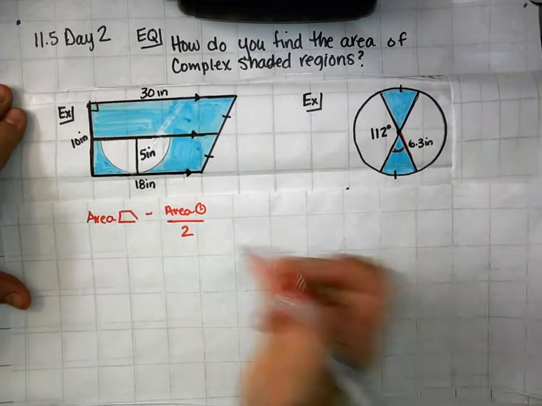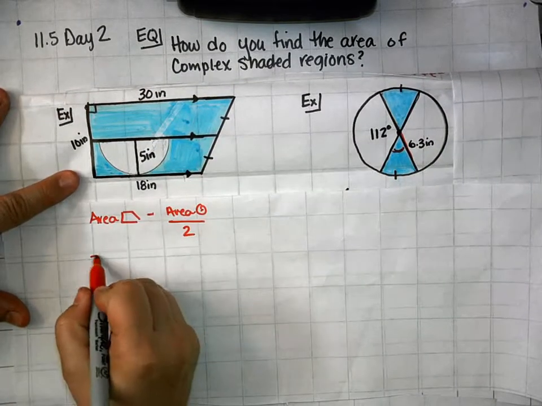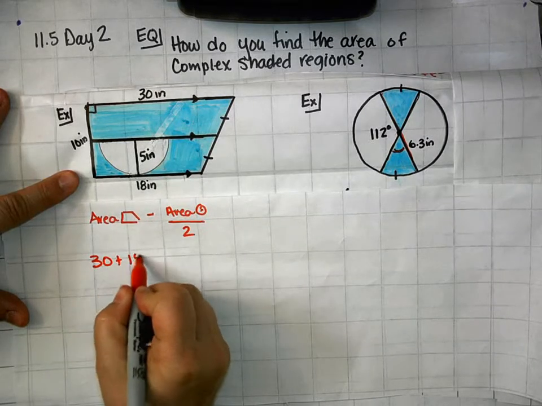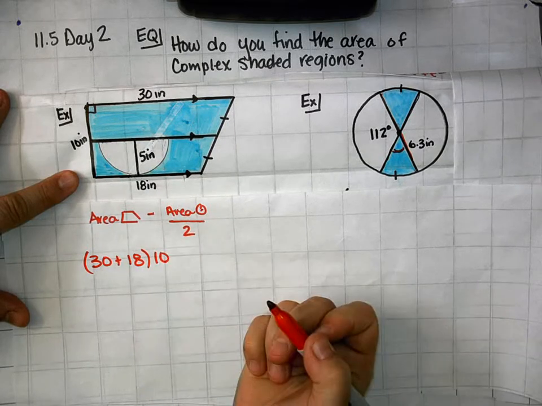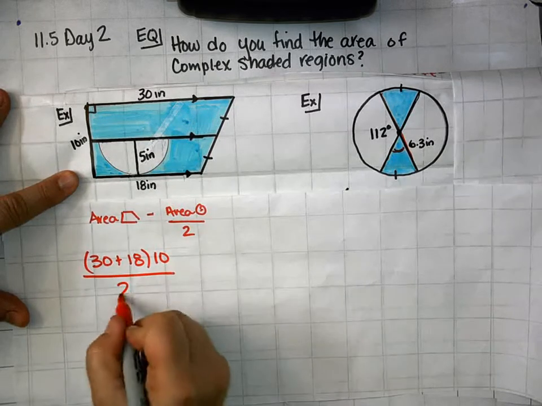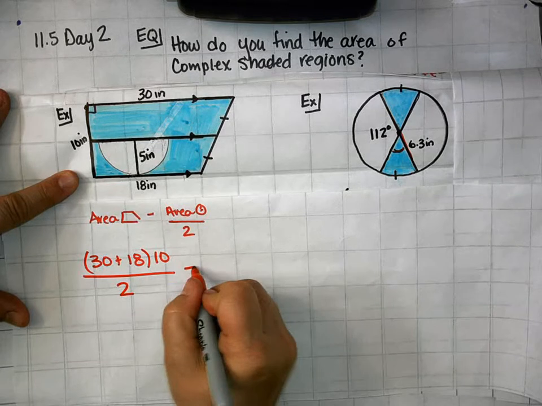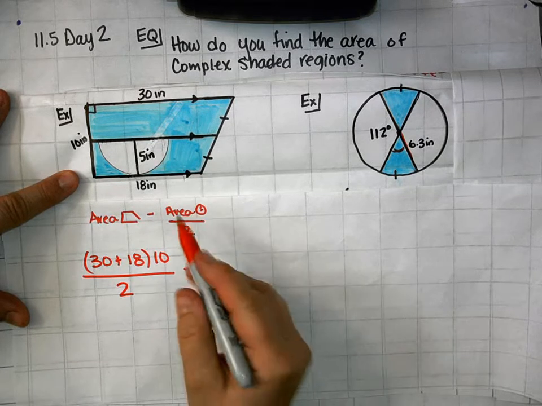Okay, so the area of a trapezoid, I need to add the bases together. The top is 30 and the bottom is 18, and then I need to multiply by the height and take all that and divide by 2. And then subtracting the area of half the circle.